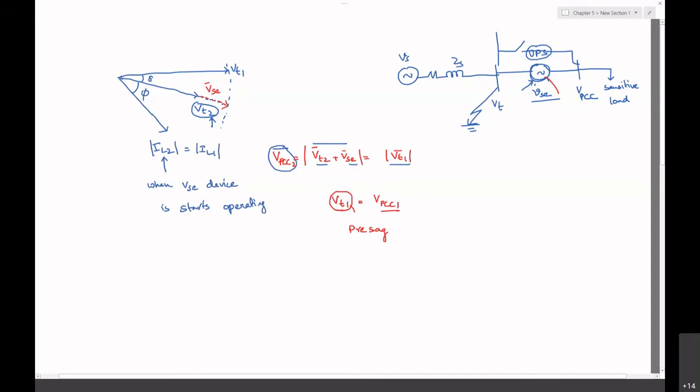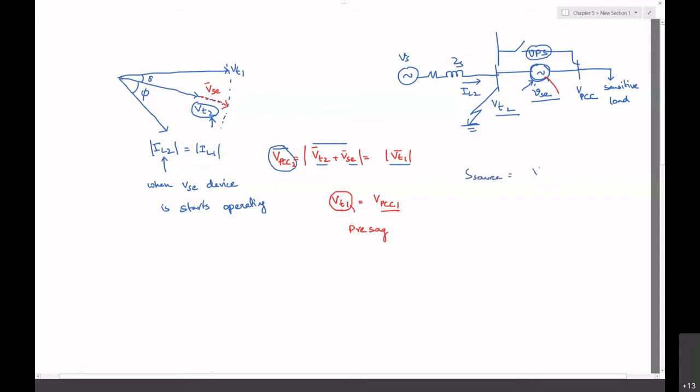That means that when you are injecting this voltage VSE, IL2 is very much equivalent to IL1. Now, if you work out the powers here, at VT2 there is a current flowing, which is IL2. With the VT2 voltage, IL2 is flowing out from the source. What is the power?